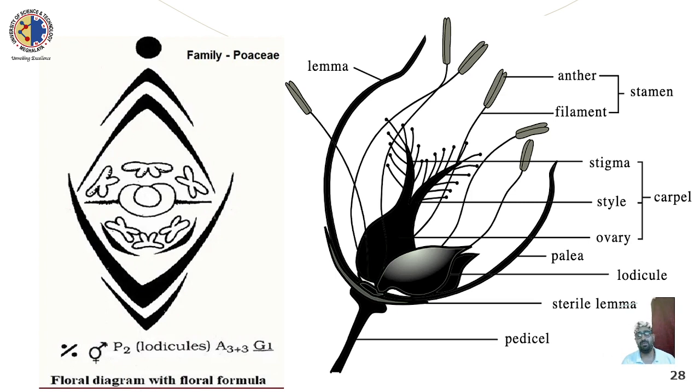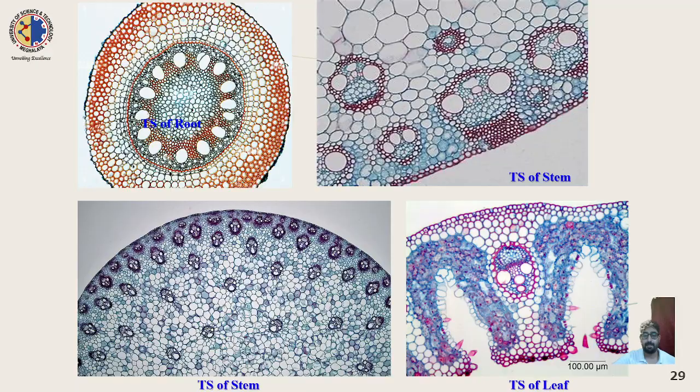Inside the stamens, you will find the ovary, which is bicarpellary, with feathery stigmas, the style is reduced, and the ovary is superior. So its floral formula is zygomorphic, hermaphrodite, lodicules 2, androecium 3 plus 3, gynoecium ovary 1, but superior.